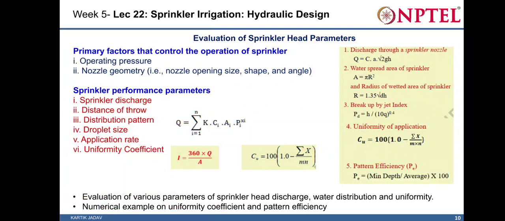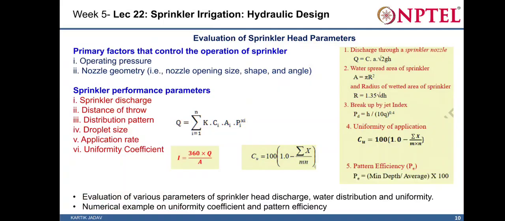Discharge through the sprinkler nozzle is given by this formula: Q = C A √(2gH). Then the water spread area of the sprinkler is A = πr². The radius of the wetted area of the sprinkler is given by R = 1.35 √(DH). Breakup by jet index is given by PD = H/(10Q)^0.4.